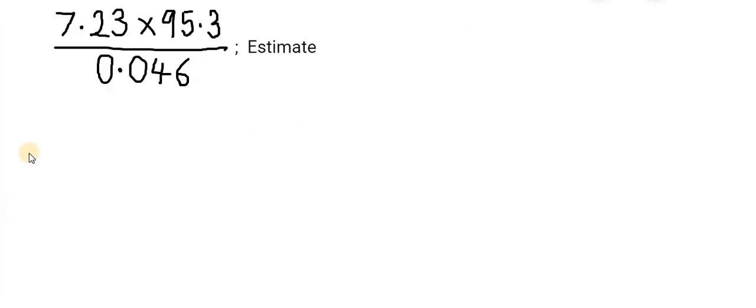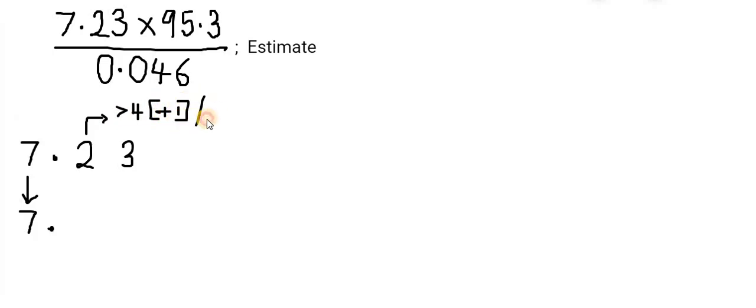Okay, so now another estimate. Pick 7.23 first. 7 is our first significant figure. So we bring down our point as well. So we check 2. If it's greater than 4, we add 1 to the previous number.